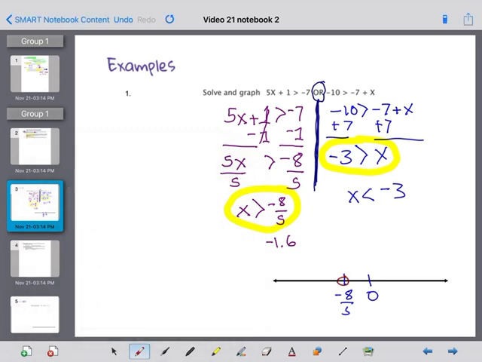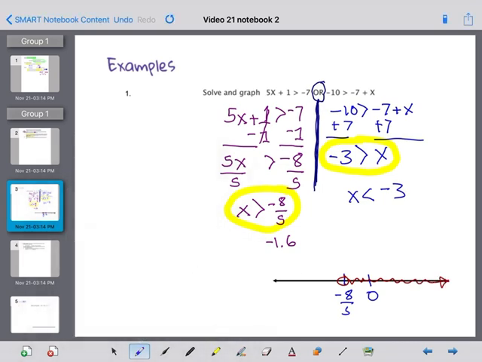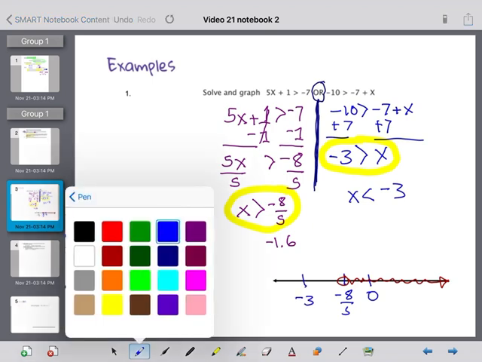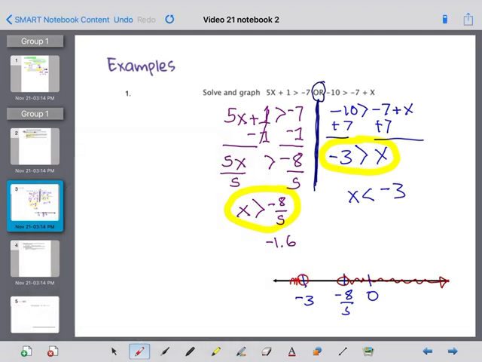Negative 8 fifths is not included, and we're going to shade this way. And then x less than negative 3 will be down here. It's less than negative 1.6, so it'll be further to the left. This one is also not included, and we'll shade that way to show that x is smaller. So we have two different parts shaded, just like the oars of a boat, going in two different directions.